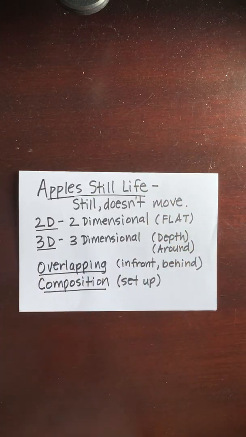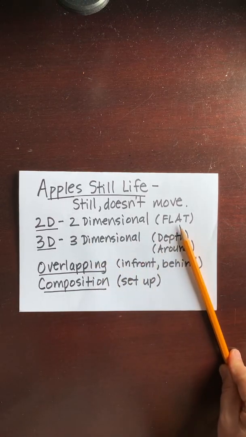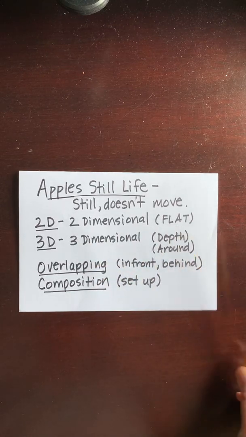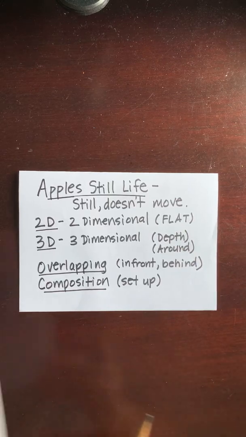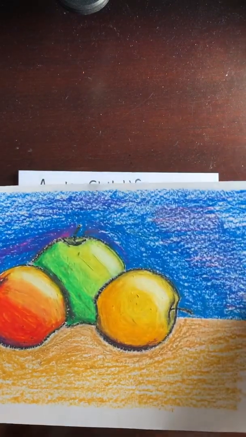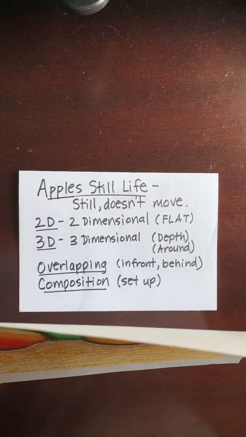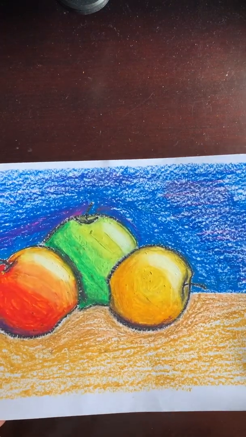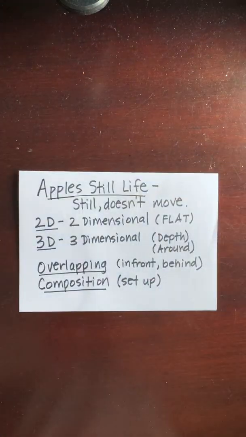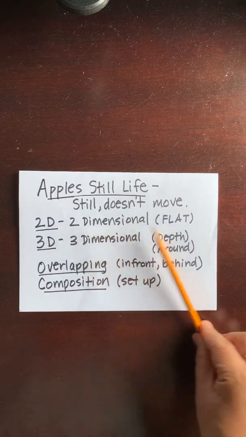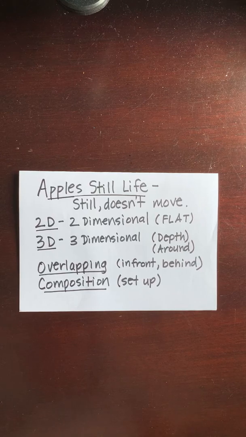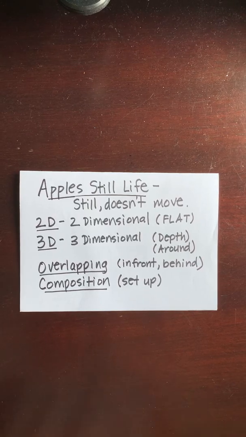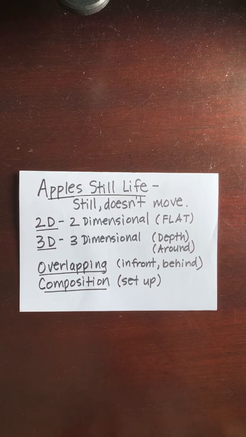But for our purposes, we're going to define 2D as flat. The reason is because our project is going to be made on a flat piece of paper. And so we're going to learn about 2D or two-dimensional.